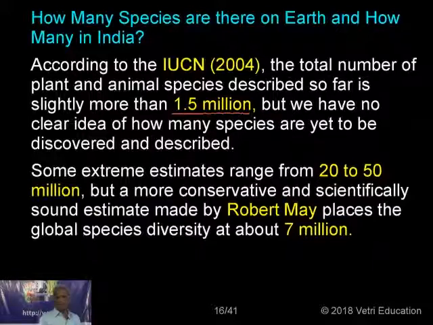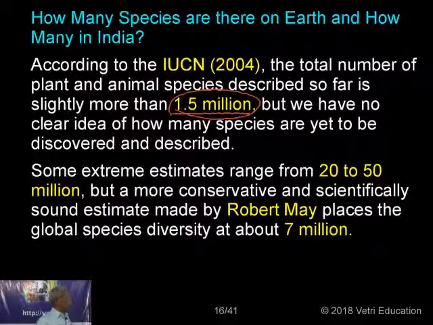It could be any number from 5 to 15, they say, because this has been already discussed at length just about 5 minutes back. Why we don't have a correct estimate of the number of plants and animals in the world. So IUCN says that there are 1.5 million plant and animal species, but we have no clear idea of how many species are yet to be discovered and described.